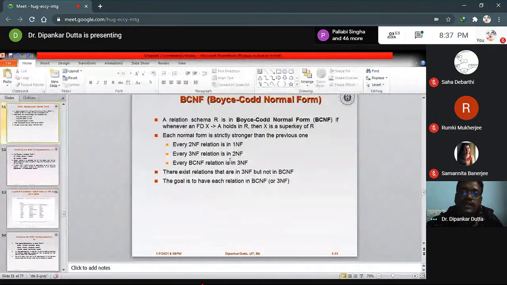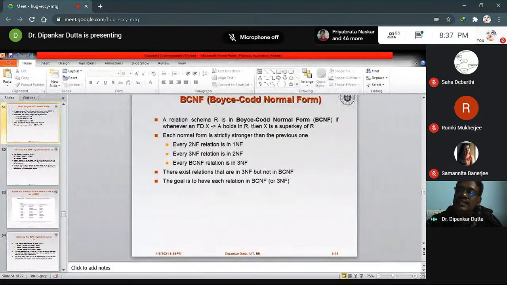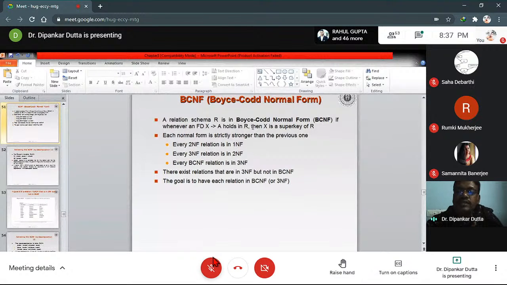So the second FD does not satisfy this definition. So it is not in BCNF. So a relation is in 3NF, but that relation is not in BCNF.